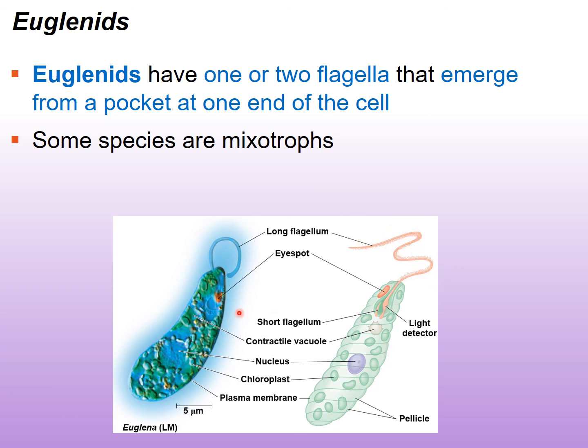Now, some of these are actually mixotrophs, so it's key to know that Euglena specifically, which is a euglenid, is a mixotroph. So they can switch between autotrophic and heterotrophic, and of course utilize light for energy when they're autotrophic. And it depends on the conditions they're in, so they can adapt to their environment a little bit better than most other protists.